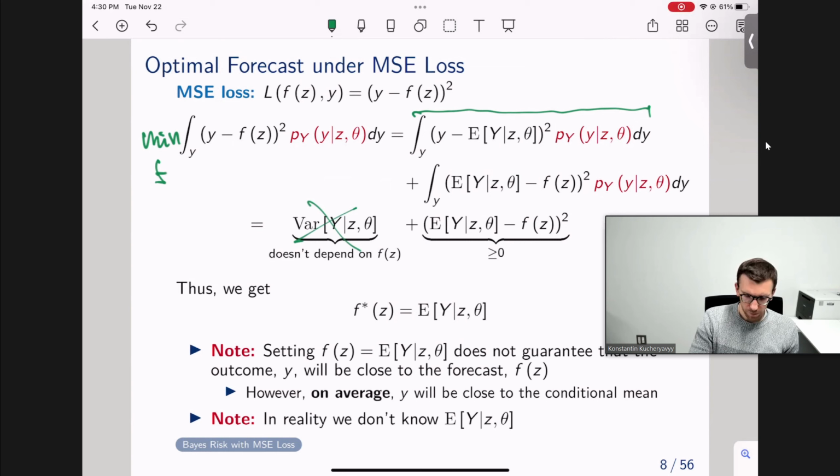While the second term is always non-negative, and so the best we can achieve is turn it to 0. If we don't turn it to 0, then we are not minimizing the whole thing. So that gives us that the optimal decision rule is an average, an expectation of y given the data z.